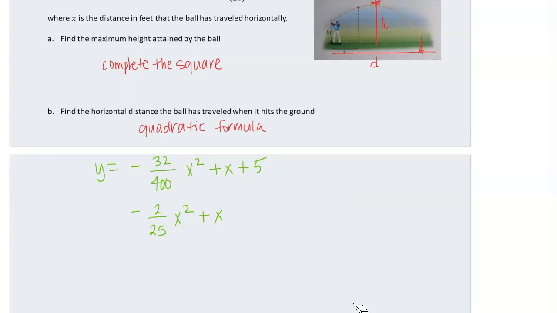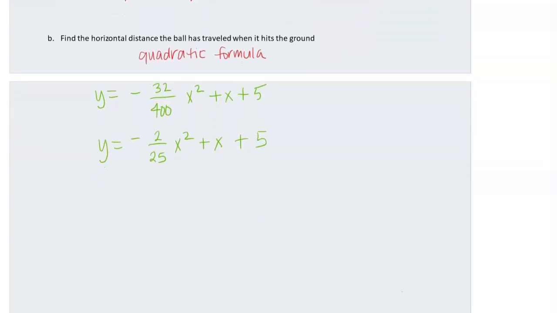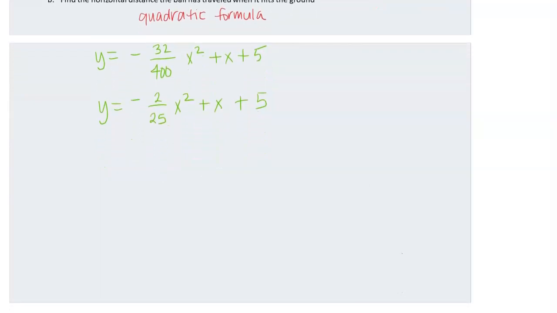Okay. So when we use the process of completing the square, what we do is we put the two terms that have x's together. But we have to factor out that coefficient that's in the front.